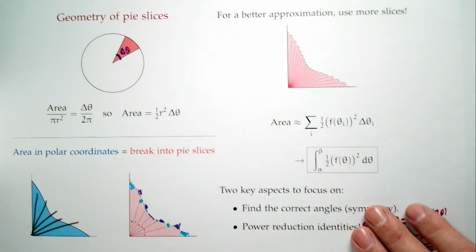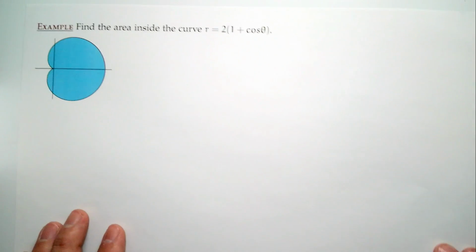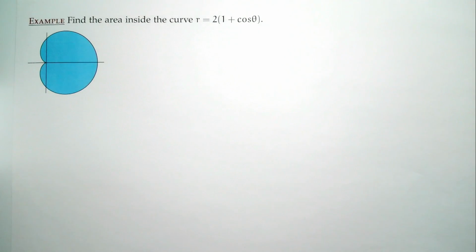So let's go ahead and do an example. Find the area inside the curve r equals 2 times 1 plus cosine theta. And we'll give you the picture. And if we ask you to find the area of something on the exam, we'll give you a picture so you can have this as a guide.